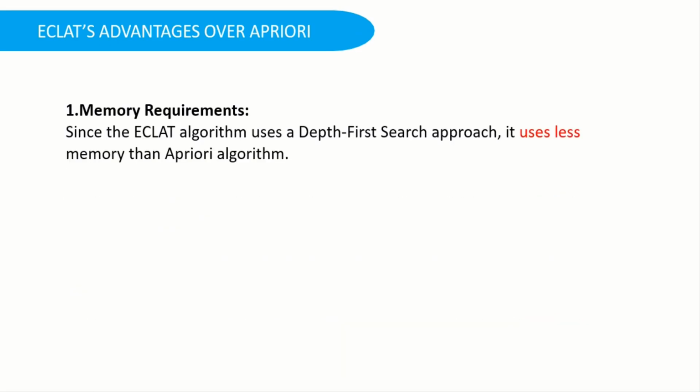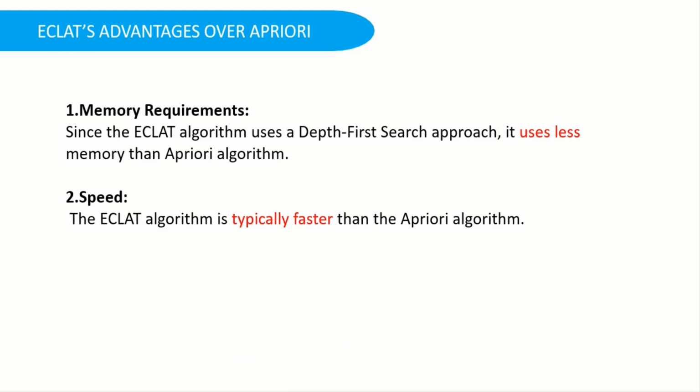Since the ECLAT algorithm is an updation of the Apriori algorithm, let's look at the advantages of ECLAT over Apriori. The very first advantage is memory requirement. Since the ECLAT algorithm uses a depth-first search approach, it uses less memory than the Apriori algorithm. The second advantage is its speed.